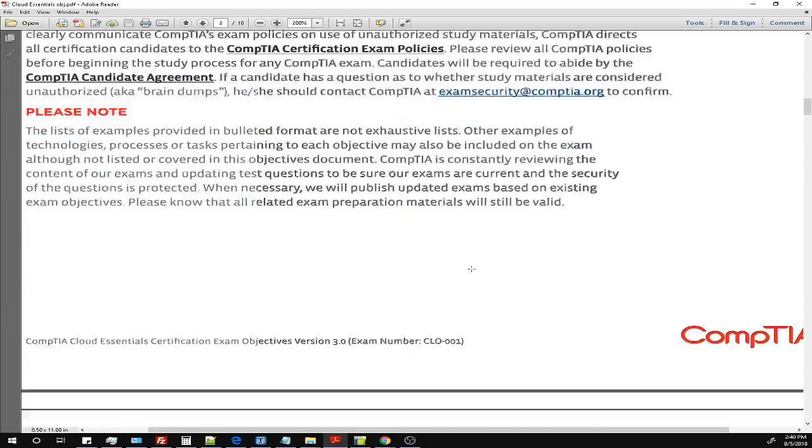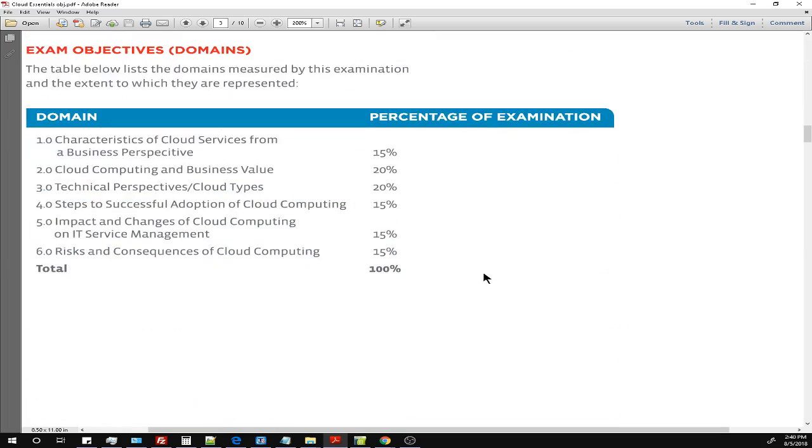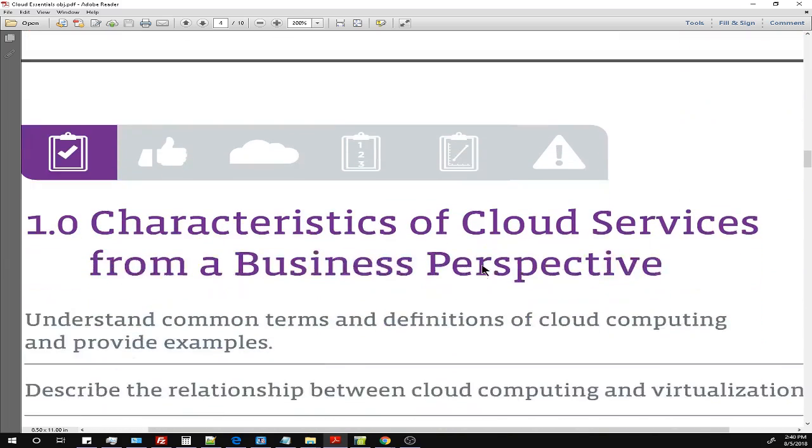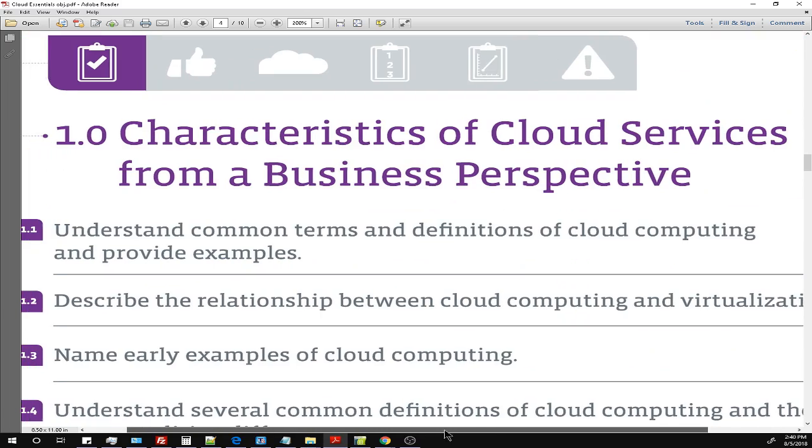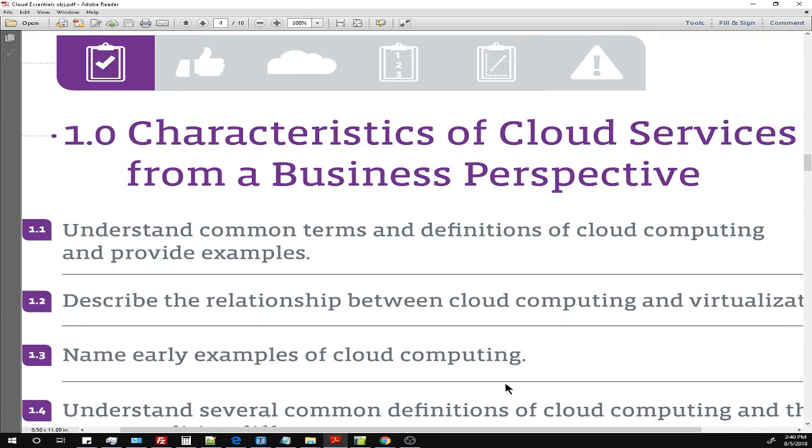In the first part of the objectives, it says understand common terms and definitions of cloud computing and provide examples.